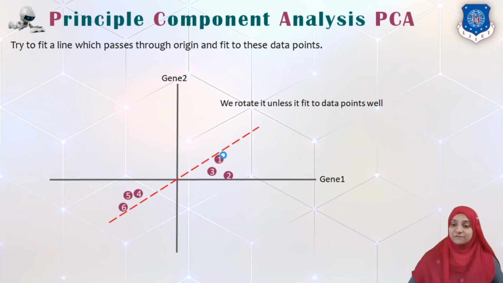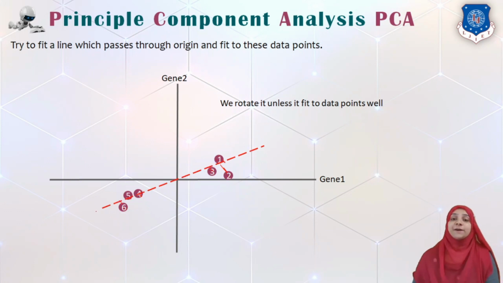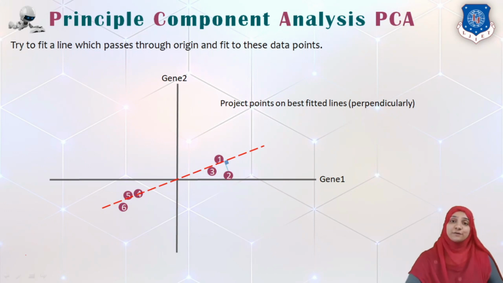If I consider, for example, this line, the distance from this data point to this line, if I add up all those distances, this value will be bigger as compared to the sum of distances for this one: this distance, this distance, this distance, this and this distance. We project all the data points onto the line perpendicularly. So as you can see, the data points are perpendicular to the line.